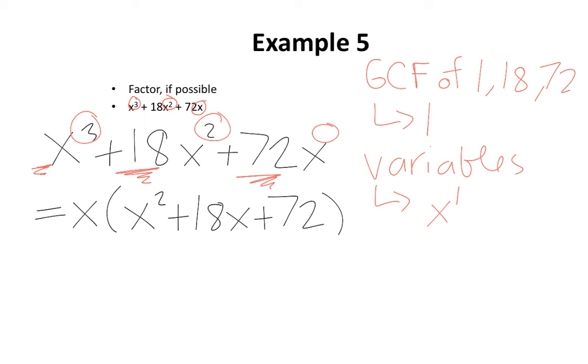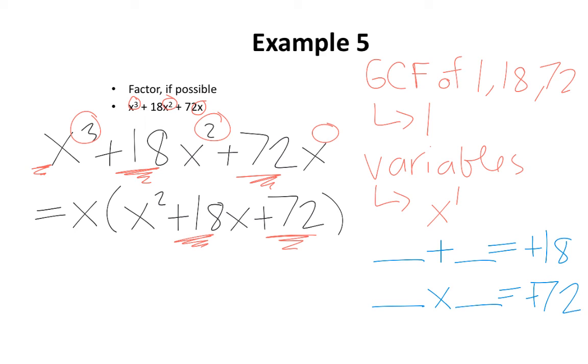Let's take a look at the numbers that are present within the expression in the brackets. I have a coefficient of 18 here, and I have a constant of 72. You need to ask yourself the question, what are two numbers, when added together, will give me positive 18, and those same two numbers, when multiplied together, will give you positive 72.